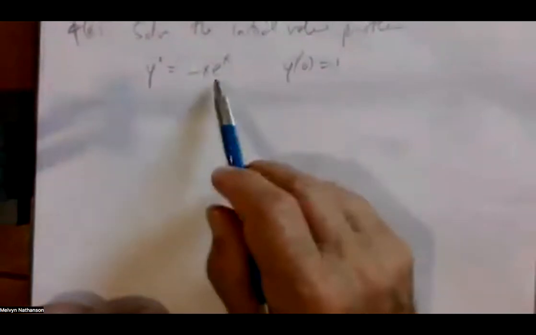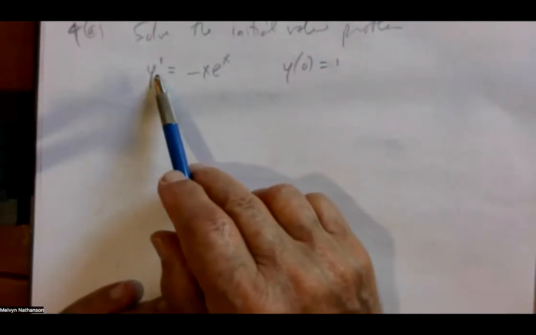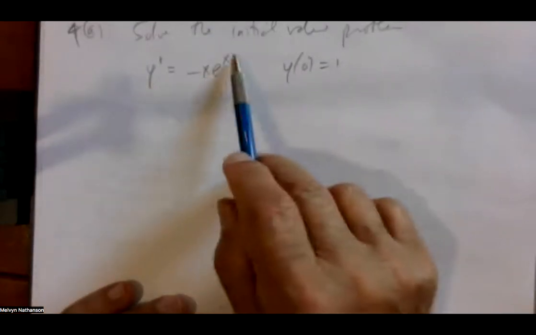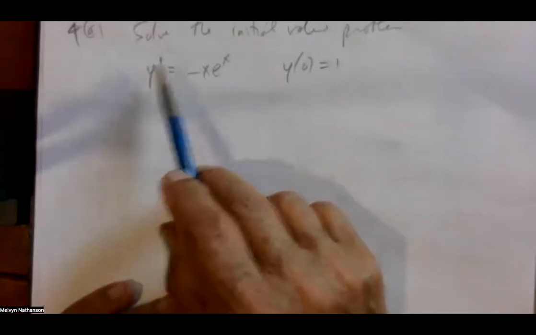So the first thing we have to do is find the general solution. But this is easy, or at least it's calculus, because there's no y on the right side of this equation. Just find a function whose derivative is minus x e to the x.